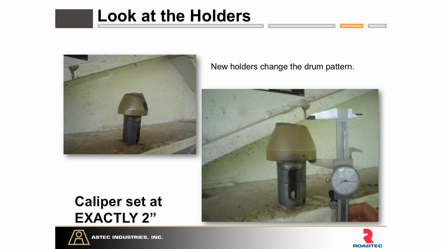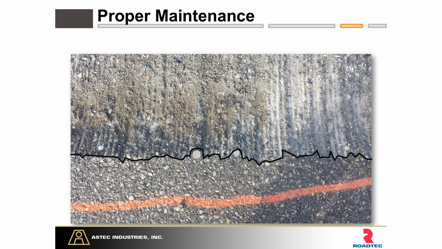Once you start to wear down the holder, you might not even notice it. You knock another tooth in. Now you've changed the orientation of the tooth, how the tooth is supposed to be seated. And that's when you start a new pass and you see a jagged surface there. And the paving crew is not going to be too happy with that, having to start a new pass with that to work with.